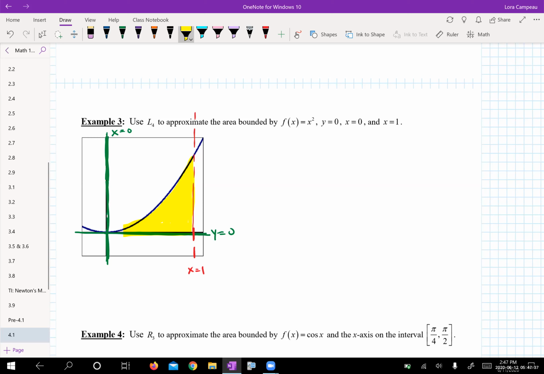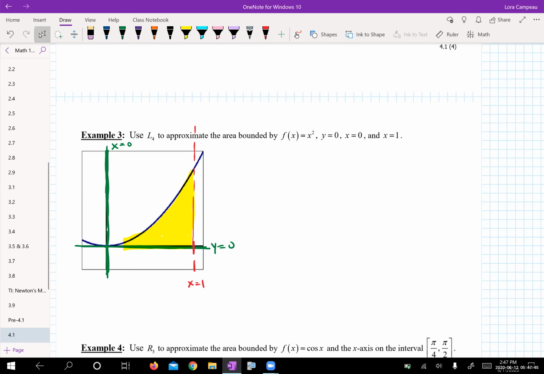And once you understand that, you say, well, what am I supposed to use? What does L4 mean? First off, the subscript 4 means 4 rectangles.